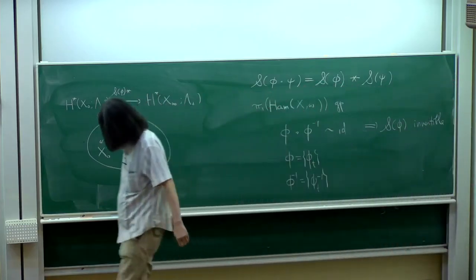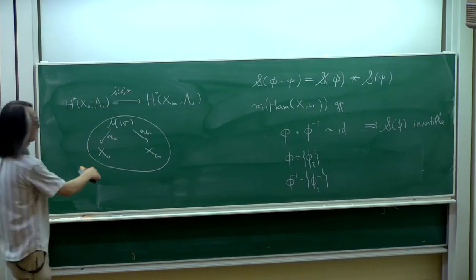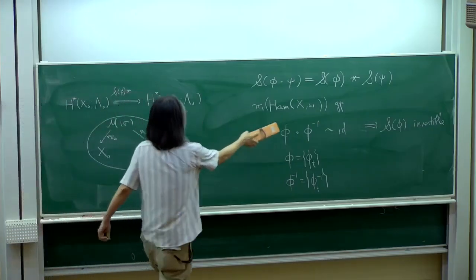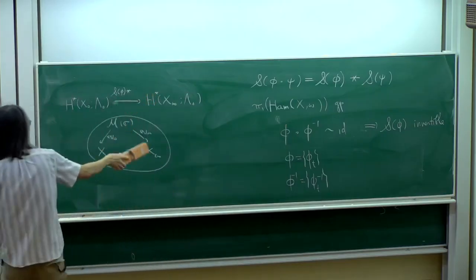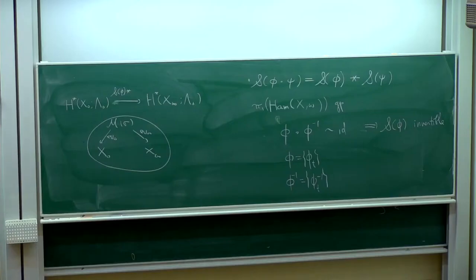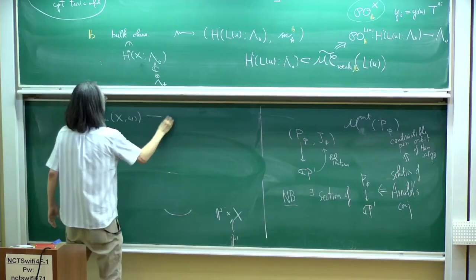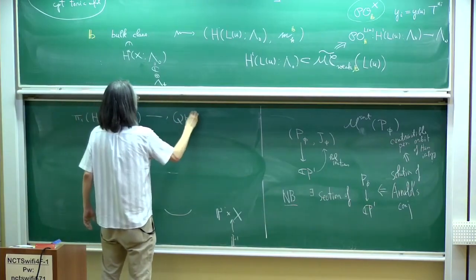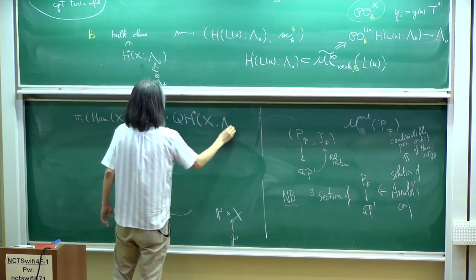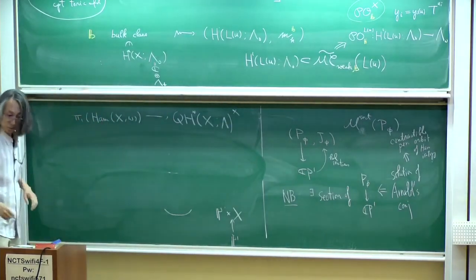And so this is actually the consequence of this being a group, and this being a homomorphism. Right? So therefore, we have a map from this pi 1 of Ham(X, omega) to the quantum cohomology of X, to the invertible elements, something like this.